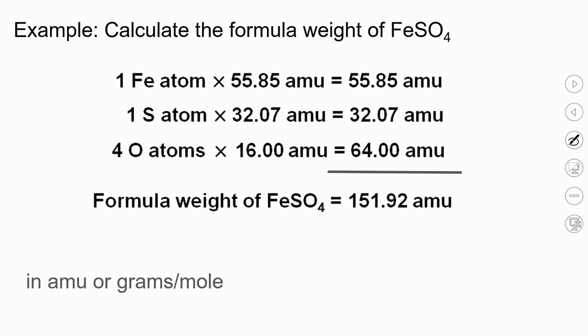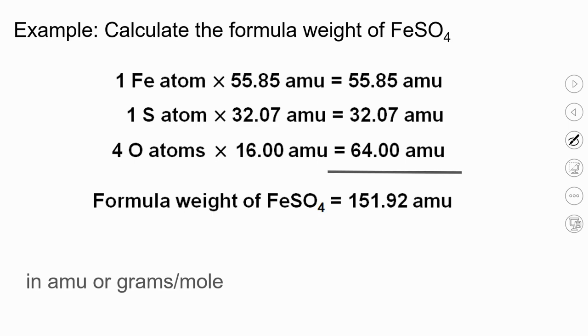Okay, so here's an example. If we were trying to calculate the formula weight for iron sulfate, we have 1 iron, that is 55.85. The periodic table is rounded differently, so you should always use the Alex one when you're doing the Alex homework. Keep that in mind, but the number is coming from the periodic table. We've got 1 sulfur and 4 oxygens.